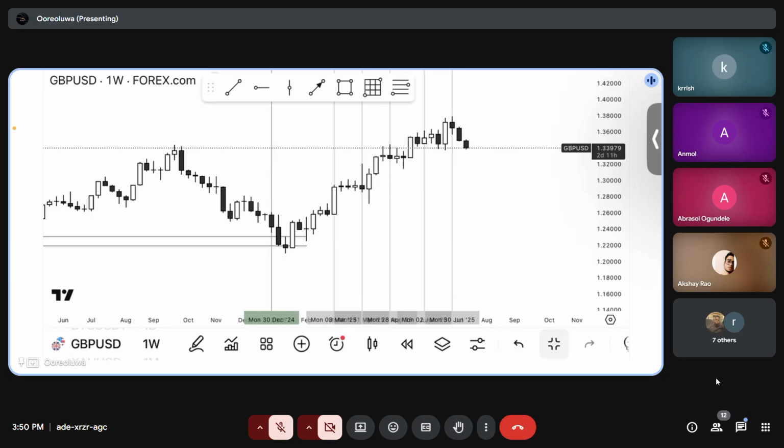It's not compulsory that price will take out Asia high before you sell, or take out Asia low before you buy. Sometimes price might break out of Asia high, retest the high and buy. You understand? It's just a breakout and retest. It's not every time that Asia gives Turtle Soup.